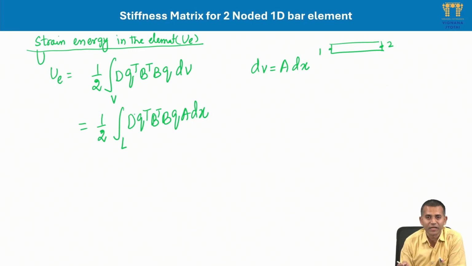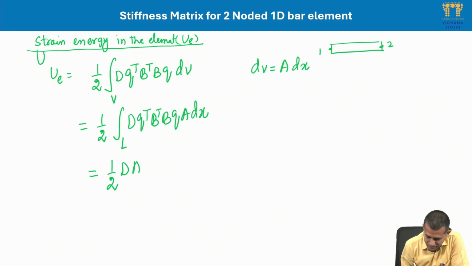So D is a material property which is again a constant, and q is basically your displacements at particular nodes, so they are also constants. So if I rearrange this term, I can write it with D and A, and q transpose, and the integral over the length.